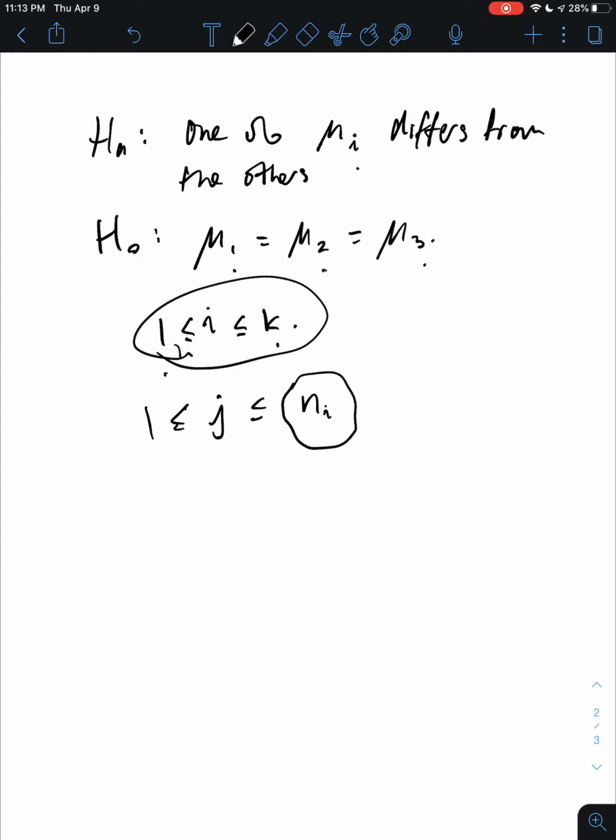And so we're going to have to give that an index. This should remind you of what happened in Chapter 9 when we had two populations. The sample size of sample 1 was n sub 1, the sample size of the second sample was n sub 2. In this case, since we're often working with 3 populations, we will have 3 sample sizes.